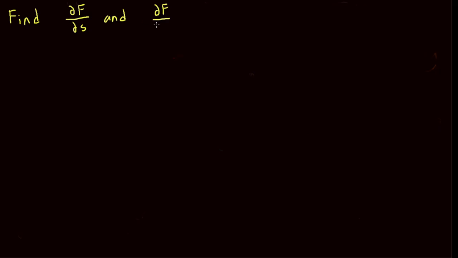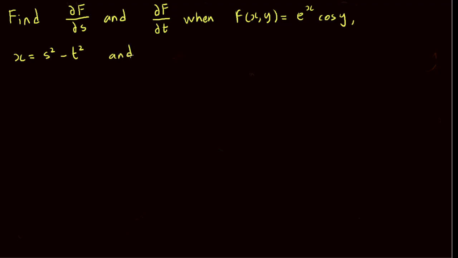Okay, so when our function f of x y is equivalent to e to the power of x cos y, and our x function is x equals s square minus t square, and y is just equivalent to 2st.